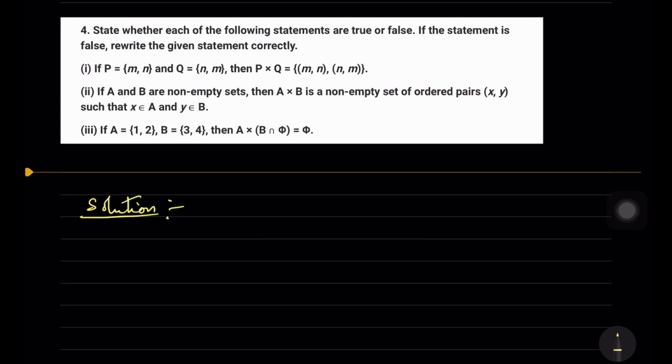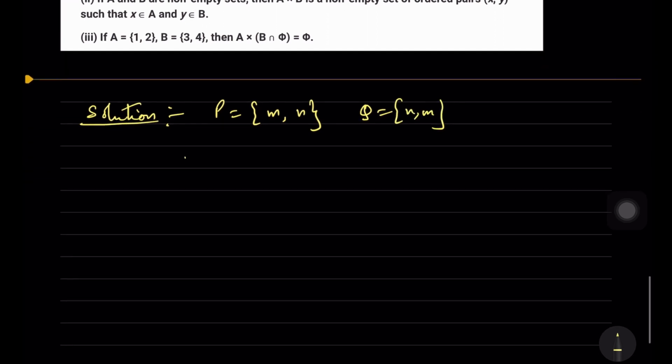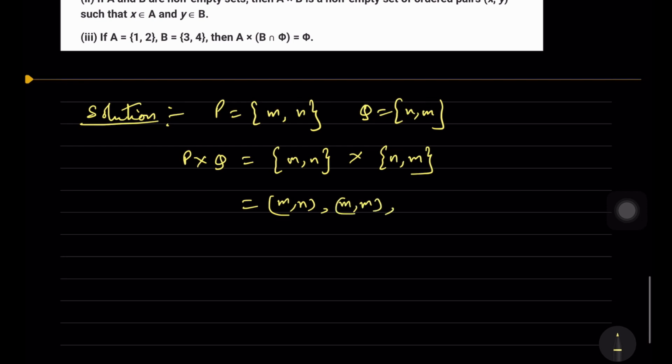So solution for this. Here you have P is equal to {m, n} and Q is equal to {n, m}. We'll see what the Cartesian product P cross Q is, which is equal to {m, n} cross {n, m}, which is equal to {(m, n), (m, m), (n, n), (n, m)}.